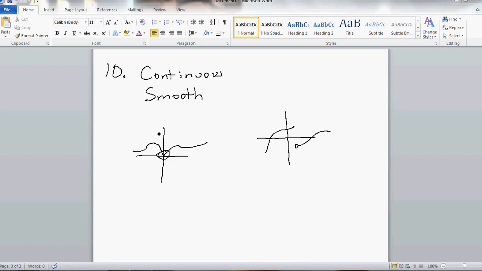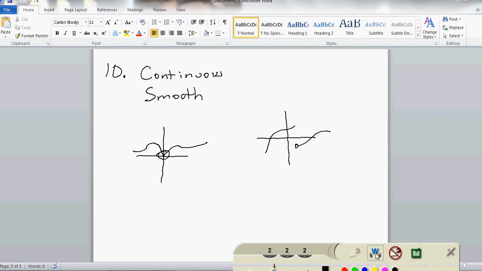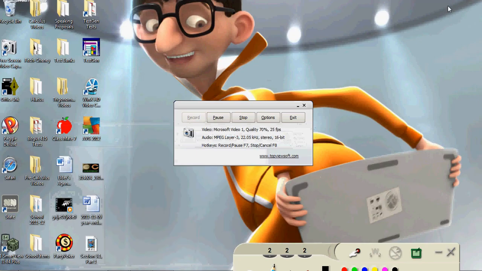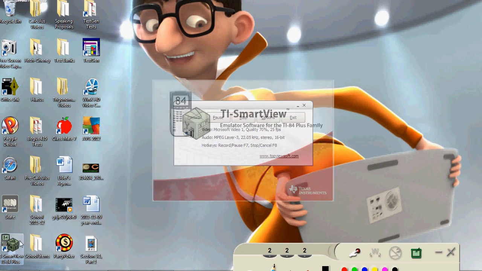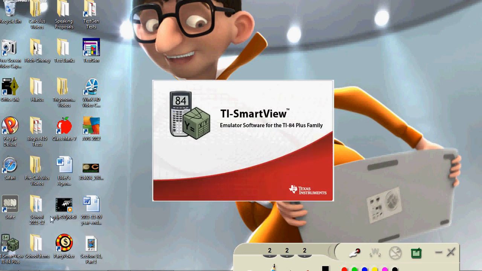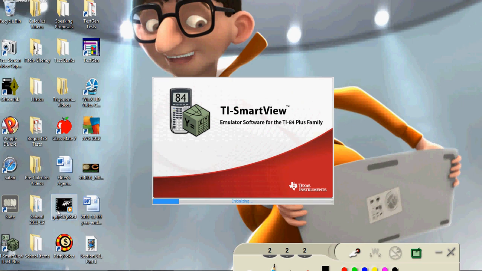So with that in mind, we need to look at number 10 and see, is that smooth and continuous at the origin? And so what we're actually going to do here is bring up the calculator and graph this. Specifically, we're going to be paying attention to the origin, so we will want to look at the window right off the bat.